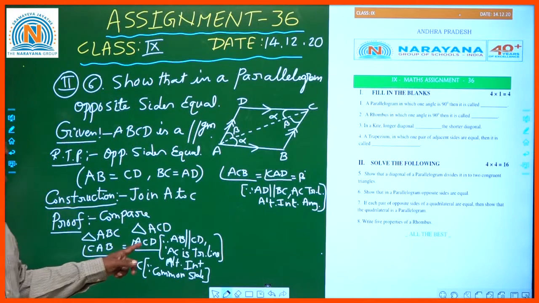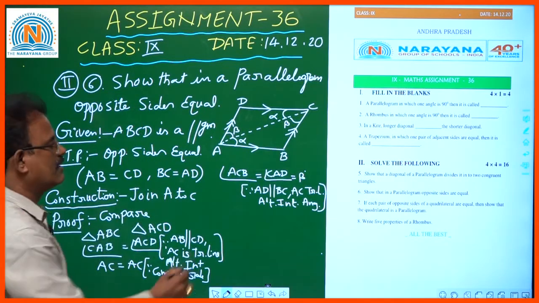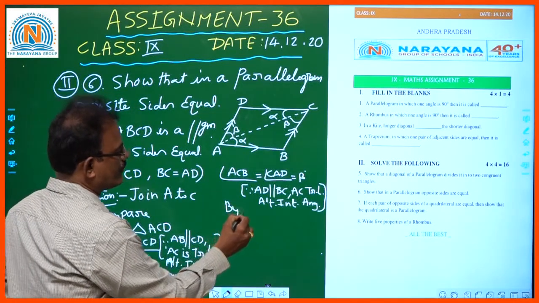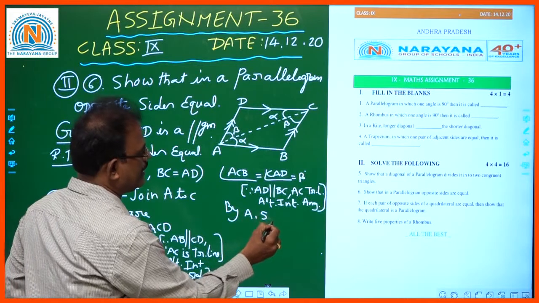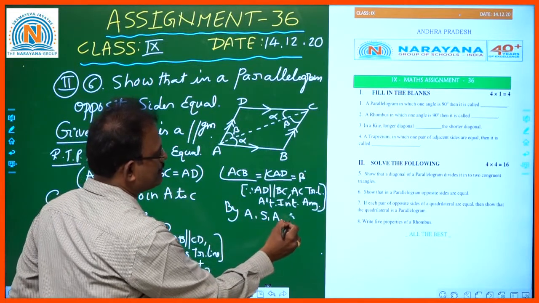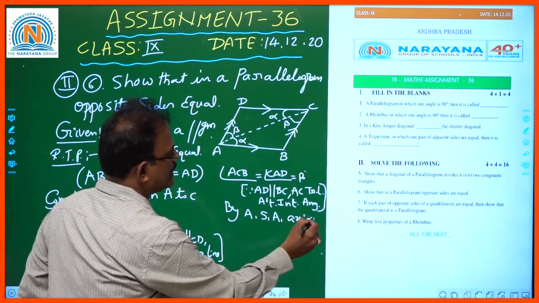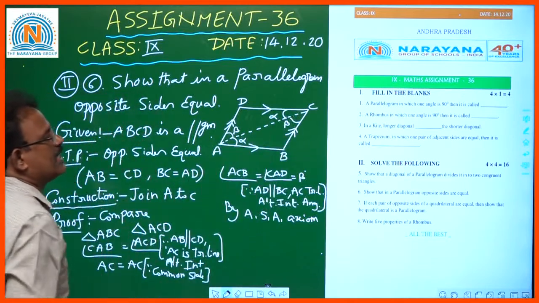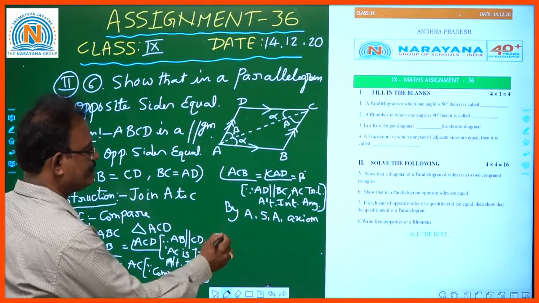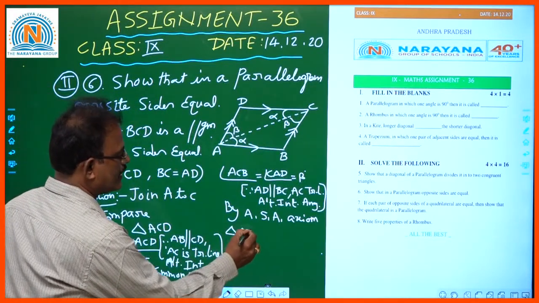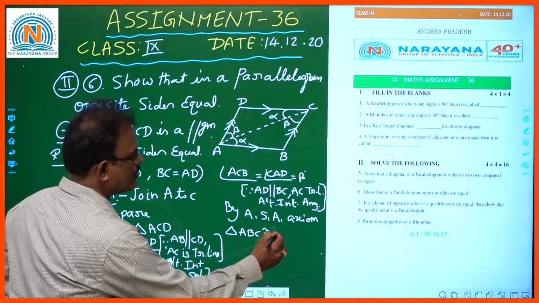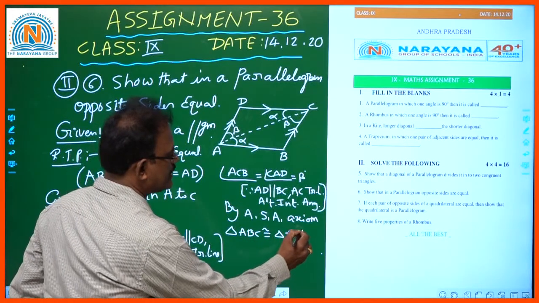So by angle side angle axiom, you can say that triangle ABC is congruent to triangle ACD.